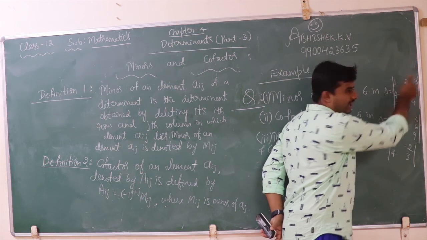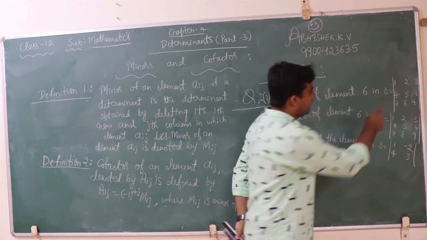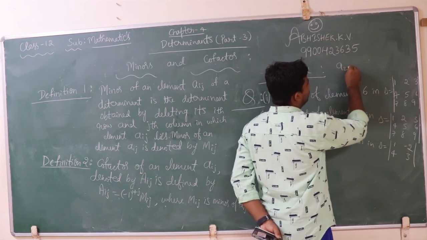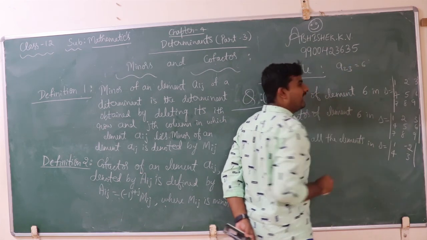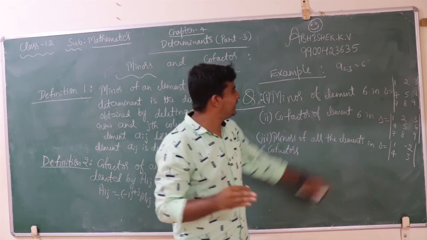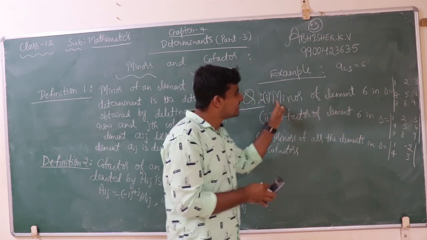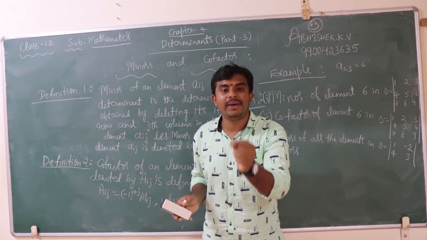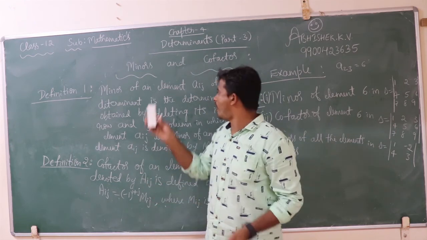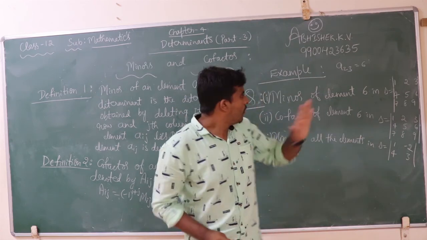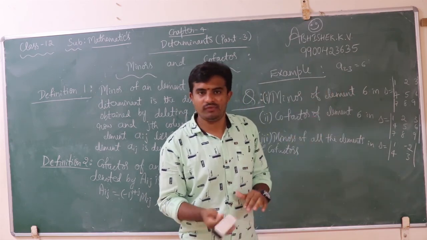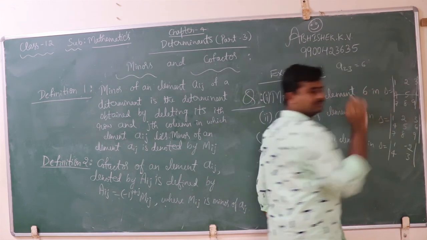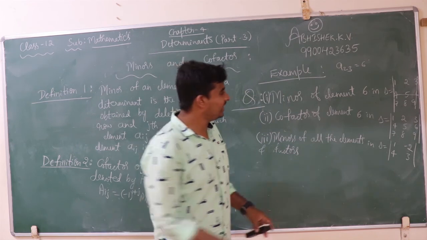A11, A12, A13, you all know that. A21, A22, A23. 6 lies in A23, that is, second row, third element is 6. The definition says it is obtained by deleting its ith row, jth column. For the element A23, we need to delete the second row, third column. We are remaining with what?